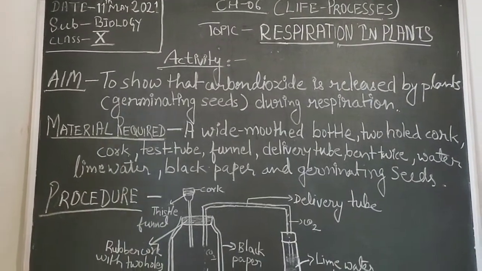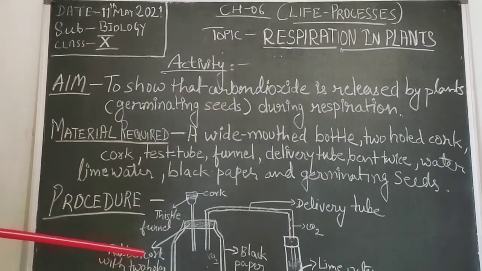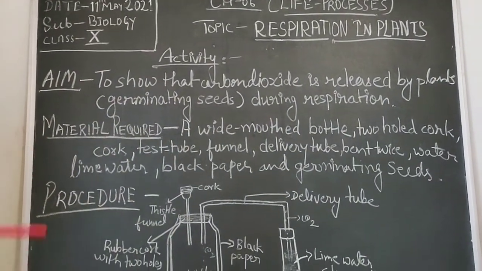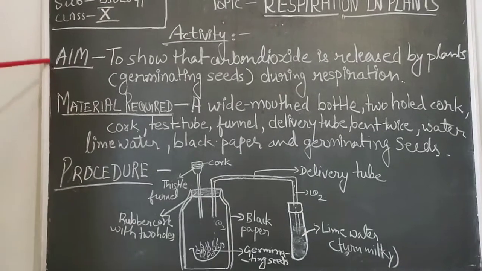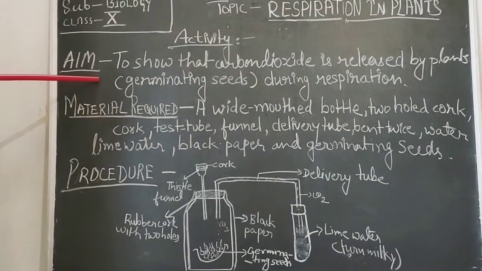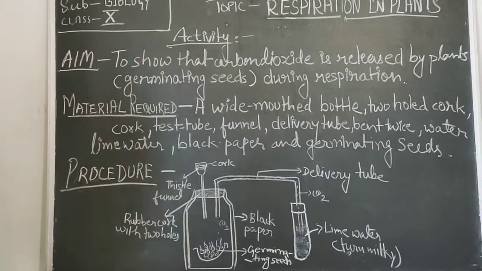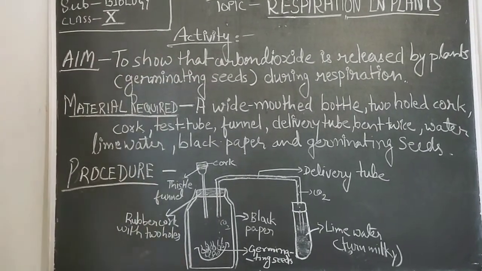So we have taken some moong seeds, which show us the germinating process. Now the aim of our activity is to show that carbon dioxide is released by plants during respiration. What materials are required for this?